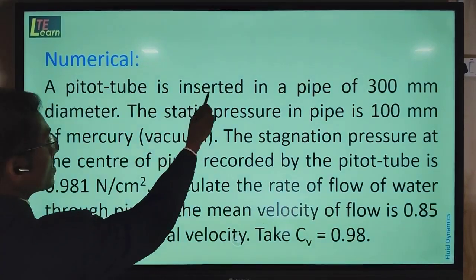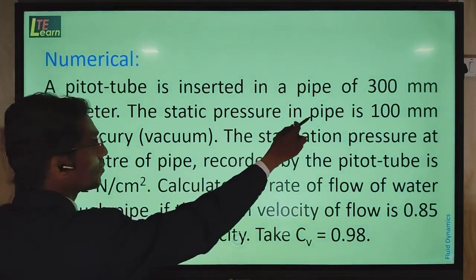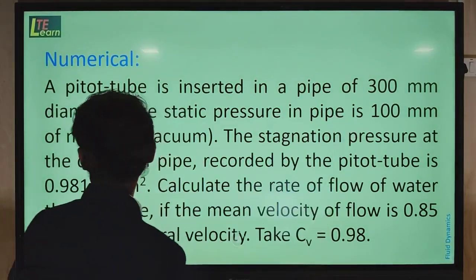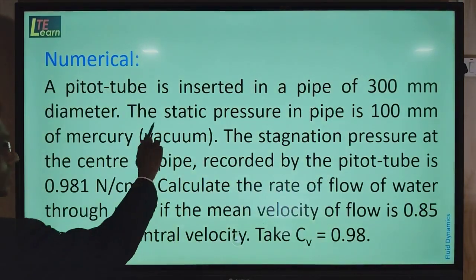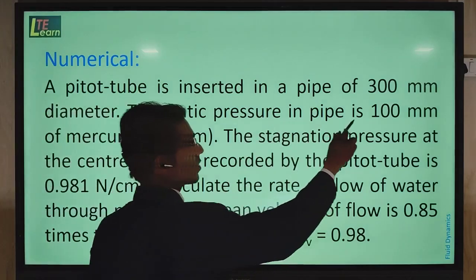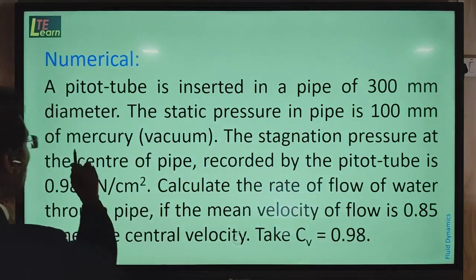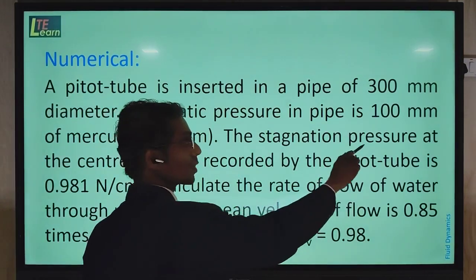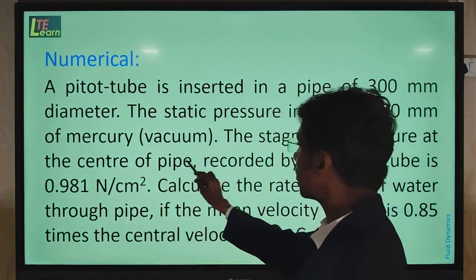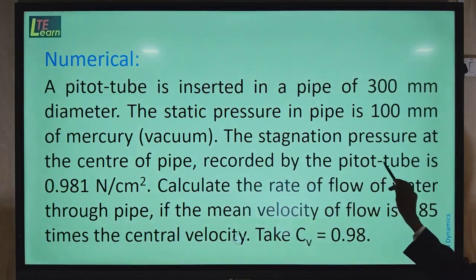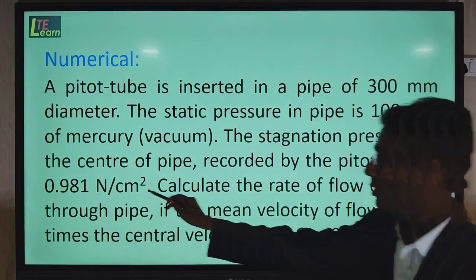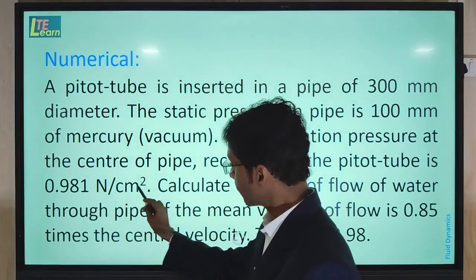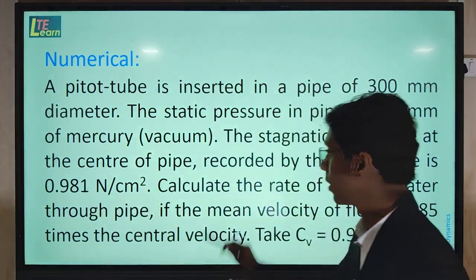A Pitot tube is inserted in a pipe of 300 mm diameter. The static pressure in the pipe is 100 mm of mercury, that is vacuum. The stagnation pressure at the center of the pipe recorded by the Pitot tube is 0.981 Newton per centimeter square.